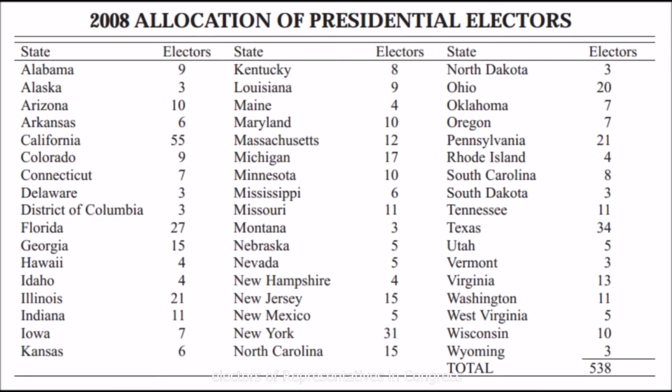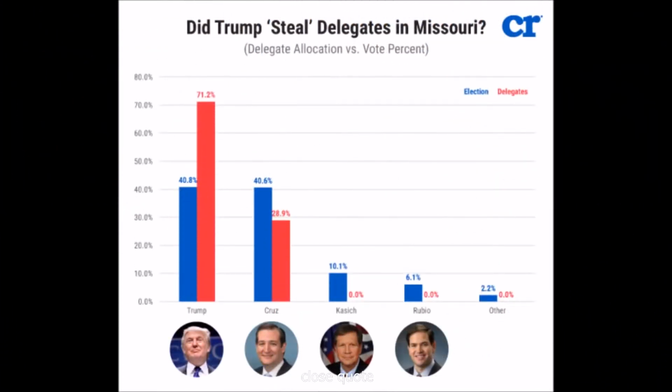Put simply, the delegates of any political party simply do not matter, because they do not elect any candidate to become the president. That constitutional prerogative belongs solely to the electors within the Electoral College.